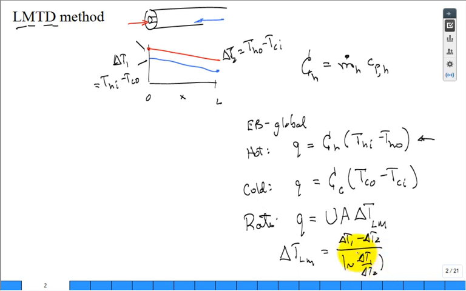We're going to derive that in a minute. But what does it represent? You can get bogged down in the math. It just represents that average temperature difference between the hot fluid stream and the cold fluid stream throughout the heat exchanger. Well, to derive it, we have to not work just on a global basis. We have to work on a differential.